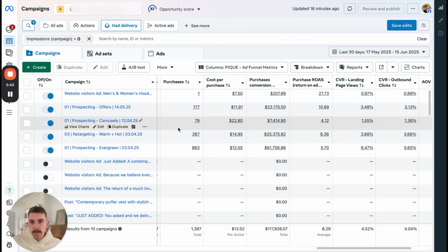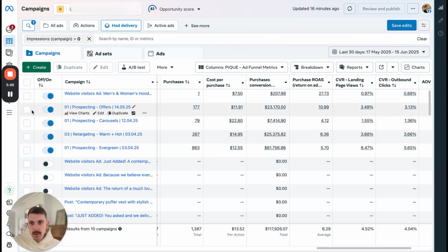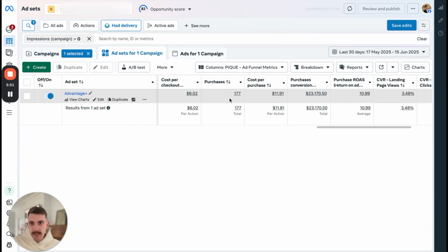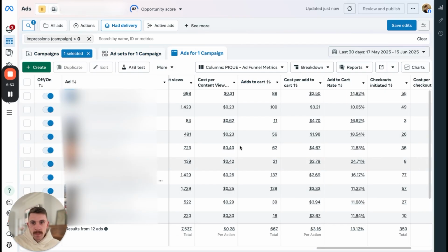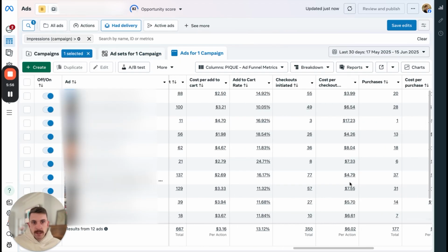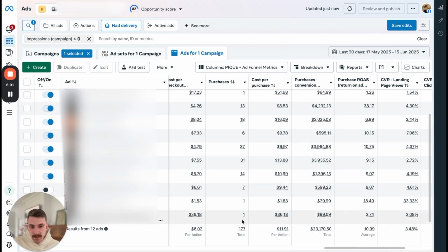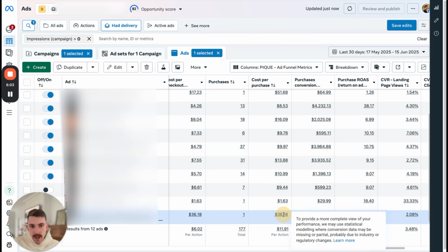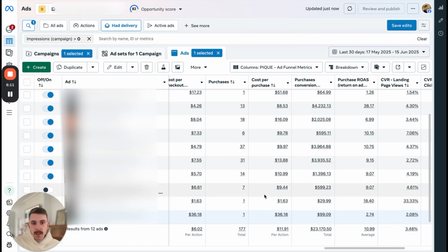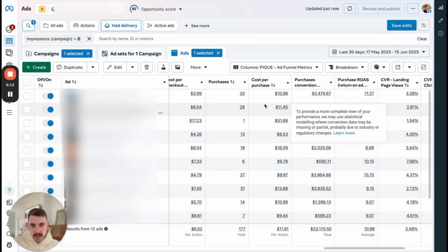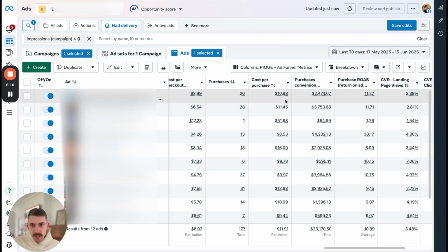So the way this can work, even if we drill down, is if we're testing different ad sets or different creatives, we can see all of these different ads. And then if we go across to the cost per purchase, we can see this particular ad spent a certain amount of money, but it did not hit our Max CAC target, so we went ahead and turned that off. Whereas if we see here, some of the big spenders with more purchases are definitely under that Max CAC amount.